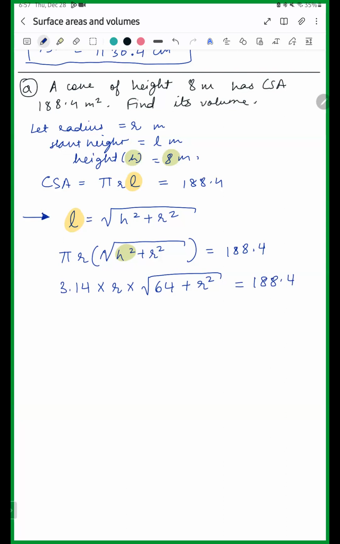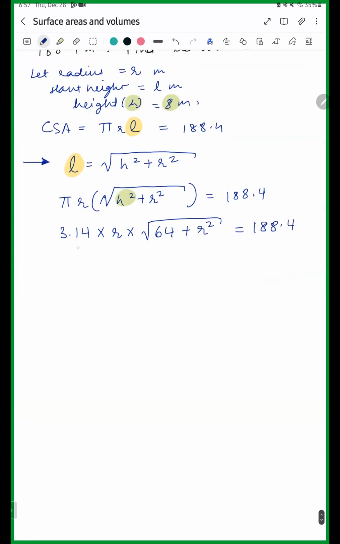Now you take the 3.14 to the other side and the variables will remain as it is. So r root 64 plus r square equals 188.4 divided by 3.14.